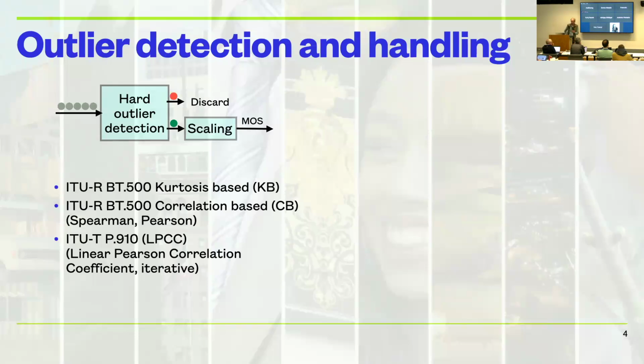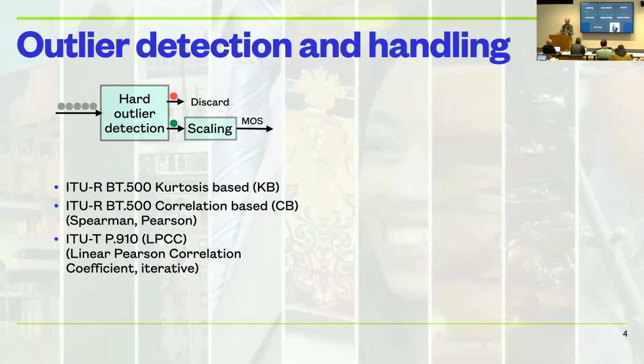There are standardized outlier detection methods like this: BT500 and P910 of ITU-R and ITU-T. In BT500, there's a kurtosis-based method and a correlation-based method. Kurtosis basically looks at how far ratings are above or below the MOS, and then divides them up according to a kurtosis-based threshold.